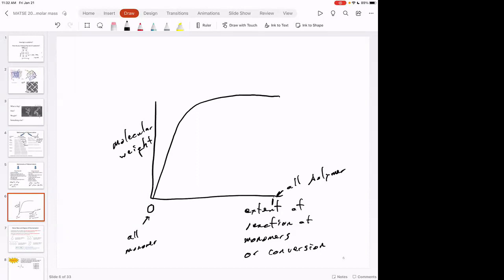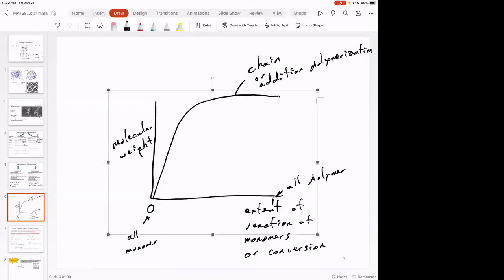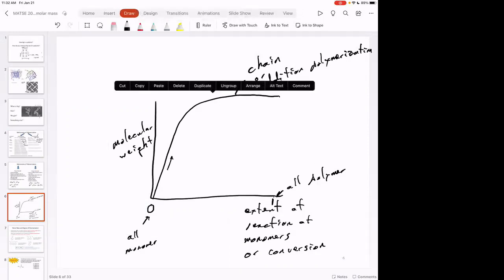But for chain or addition polymerization, if I get polymer quickly in that chain reaction, boom, molecular weight goes right up and then levels off, and we'll talk about the leveling off later. But we get fast conversion of monomer to polymer.